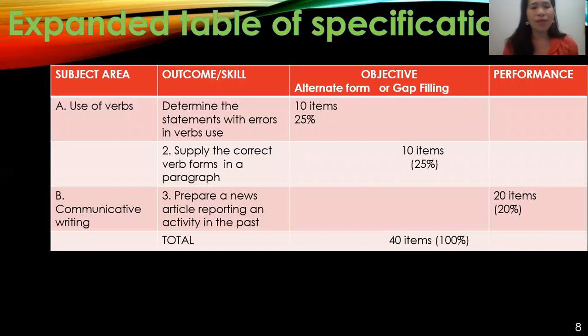For outcome 1, it may be objective types like selection type, where the response to be selected or recognized from two given choices will be required. For outcome 2, supply type can be used, and outcome 3 calls for an authentic writing task or producing a real output or product. It is non-objective and will be scored with the use of rubrics or a scoring scale.